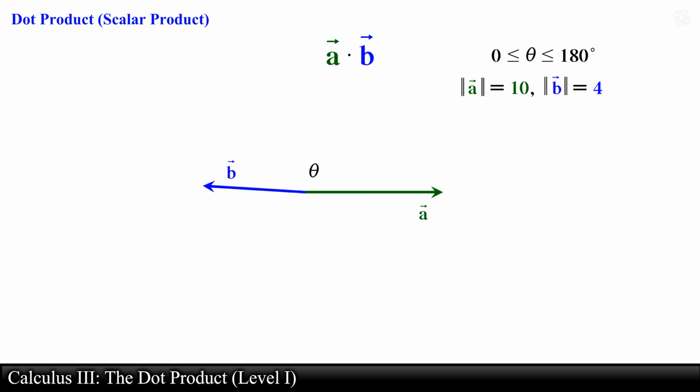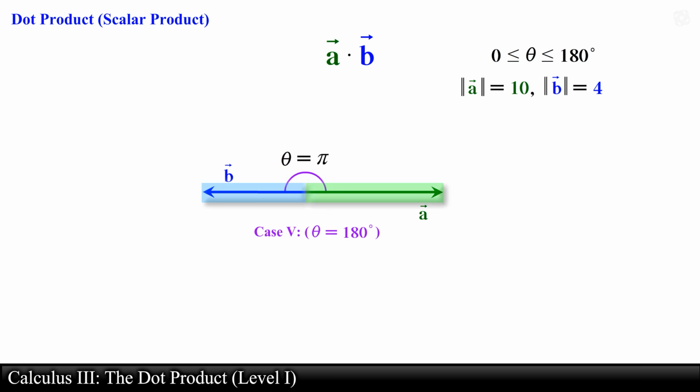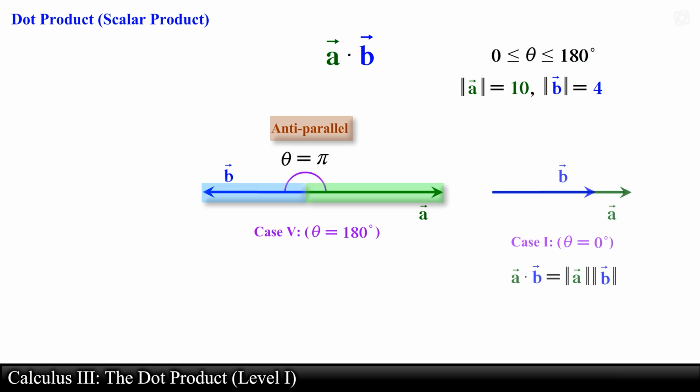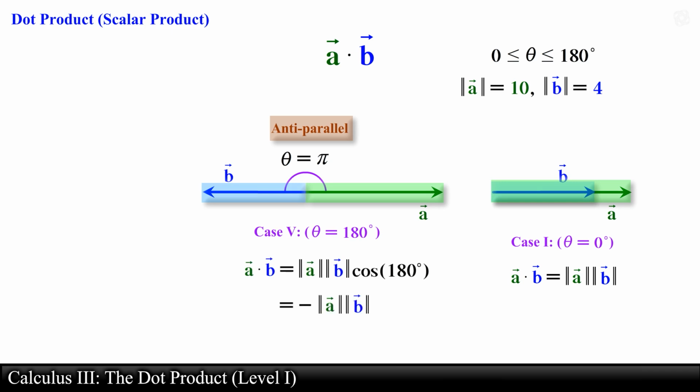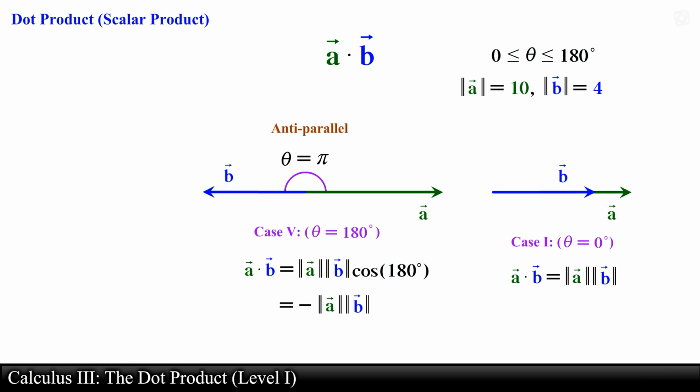Finally, if theta equals 180 degrees, then all of vector b is projected onto the negative of vector a. In essence, both vectors are parallel in the opposite directions, or in this case, anti-parallel. This is very similar to the first case where both vectors were parallel and pointing in the same direction. In this case, the dot product will have the same value as case 1, but it will be negative.